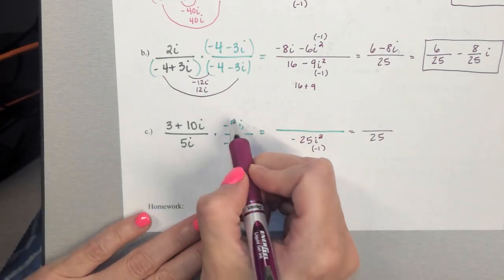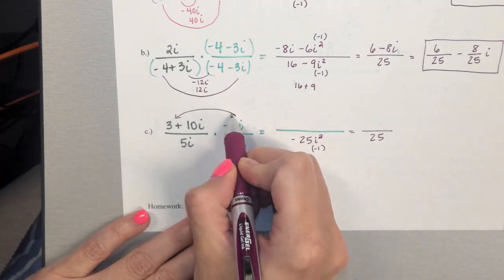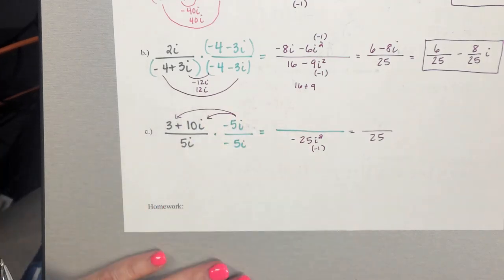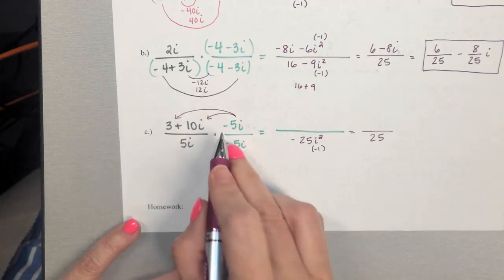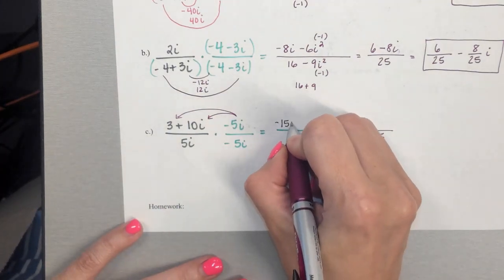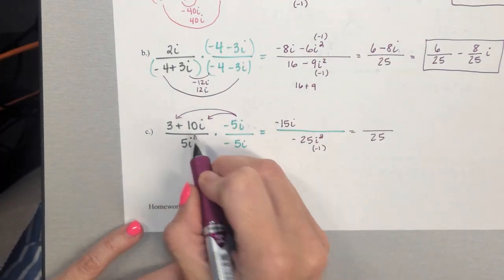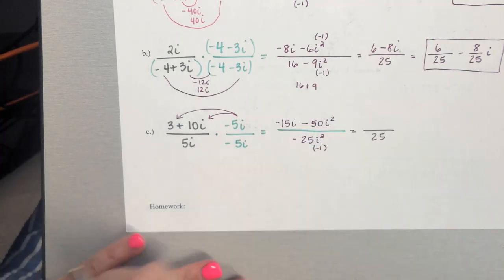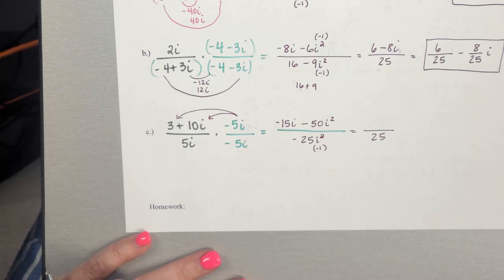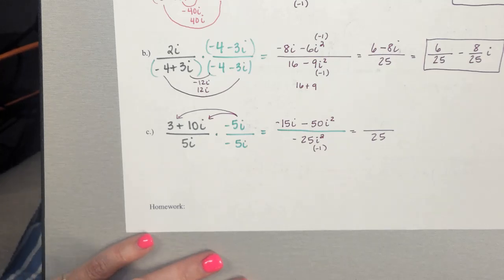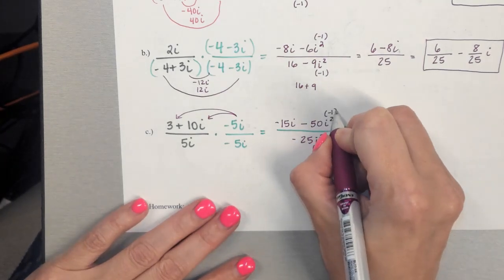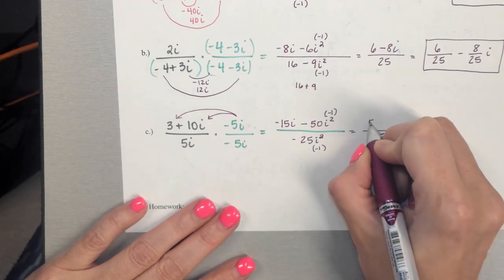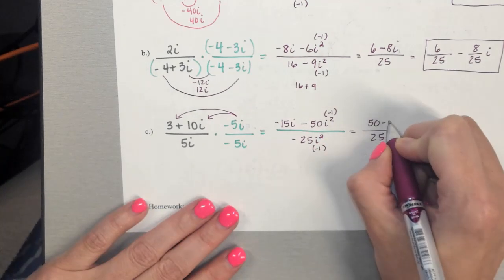And then when you're distributing, this time you're distributing to these two terms. 3 times negative 5 is negative 15. A negative times a positive, this would be negative 50i squared. We want to plug in that negative 1. A negative times a negative is a positive.